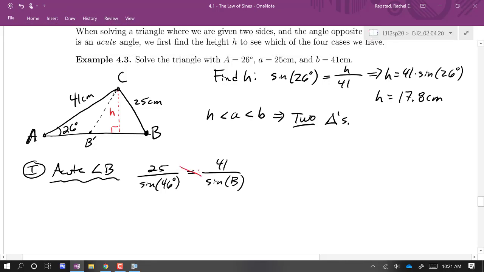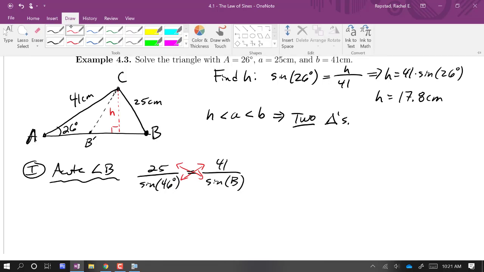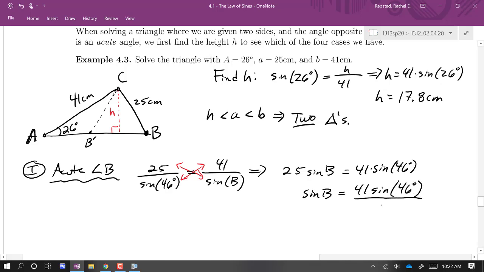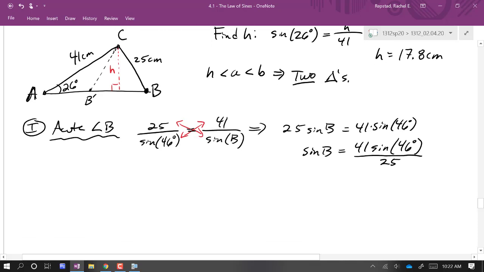Cross product here gives us 25 times sine B is equal to 41 times sine 46 degrees. And then we divide by 25, so sine B is 41 times sine 46 degrees over 25. Oh, 26. Thank you. Good looking out, everybody.